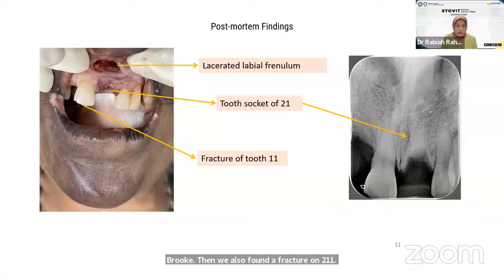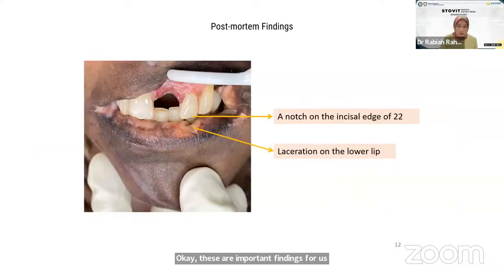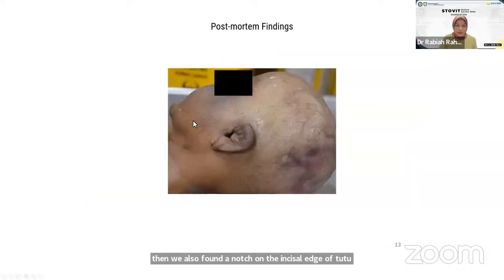These are important findings that guide us to come to a conclusion. Then we also found a notch on the incisal edge of tooth 2, and lacerations on the lower lip. Other than that, this one we considered as above the neck, so we still examined this finding.